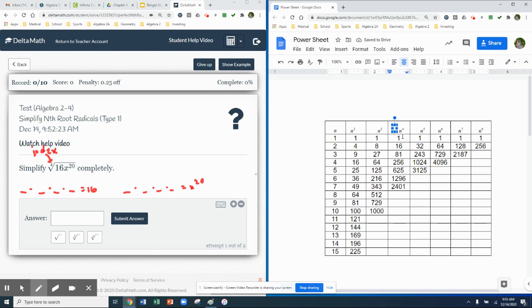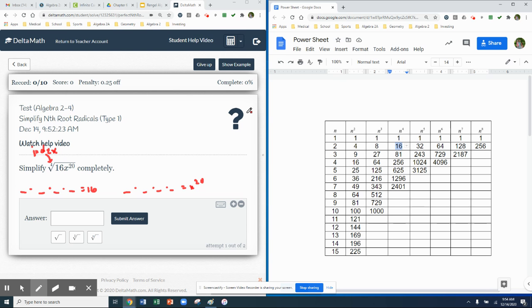So in this column is where I'm looking to find what number is raised to the fourth power to get to this 16. How I read that is, in this end of the fourth column, I'm going to look for 16, which is right here. So 16 is a perfect fourth. That means that you can take the fourth root of it.